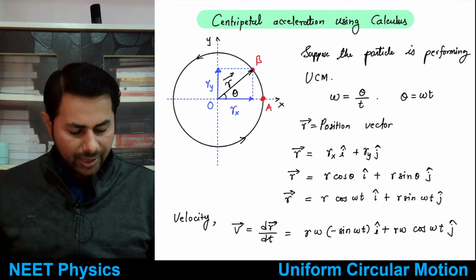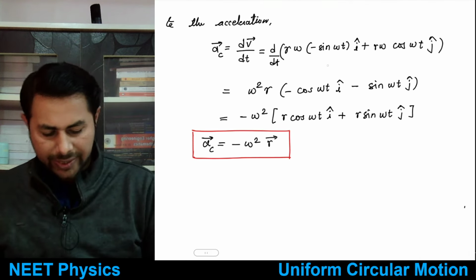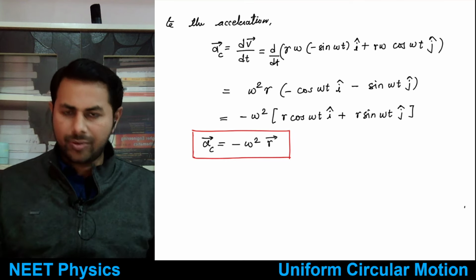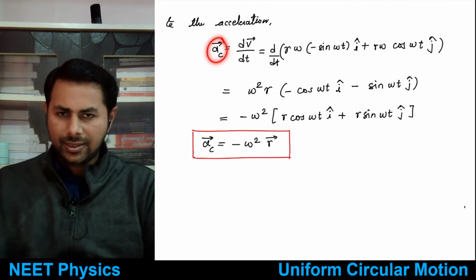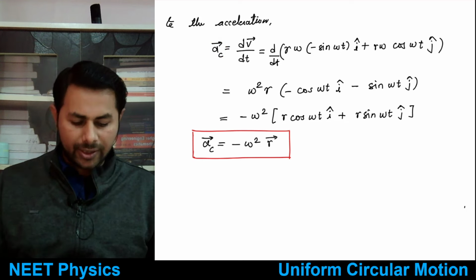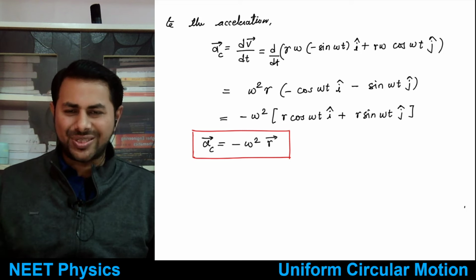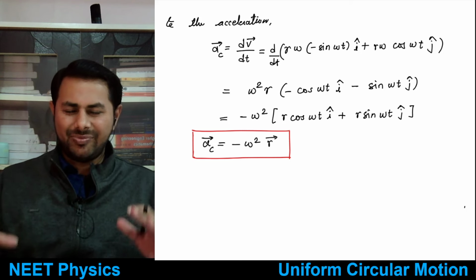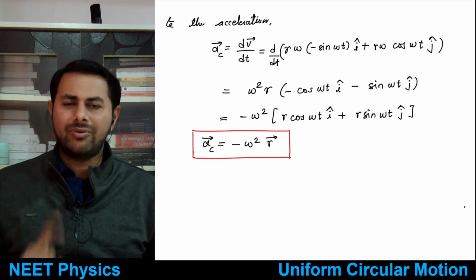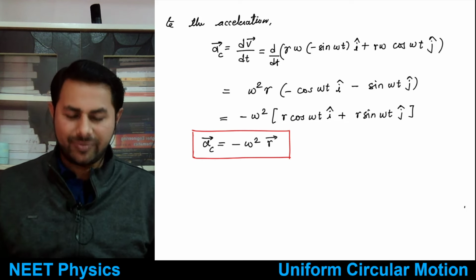After that, you can take the derivative of velocity, so you get acceleration. Here, since we have taken omega constant, we are talking about uniform circular motion, right? Because it is uniform circular motion, there will be only one acceleration, that is due to the change in direction of velocity.